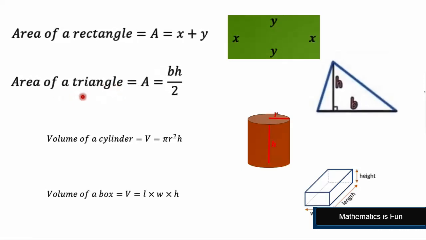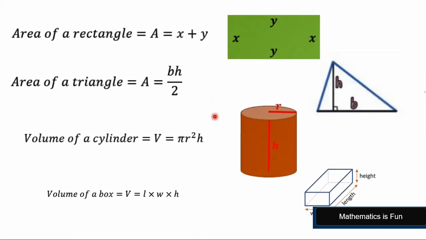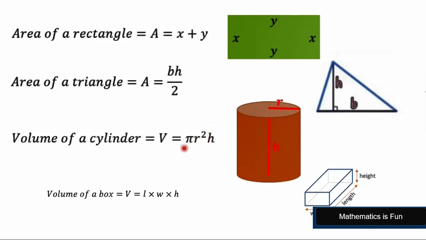In the area of a triangle, here we need the length of the base b and the height of the triangle. So in this example, we need two inputs to get the area of a triangle. Well, here we have the volume of a cylinder and it requires two inputs, that is the radius of the circle and the height of the cylinder.